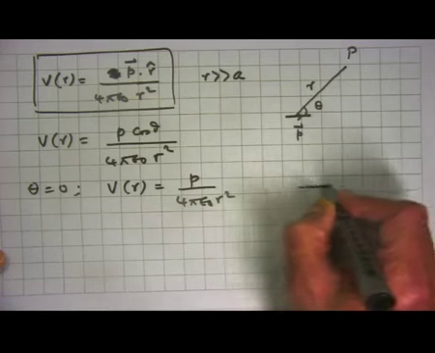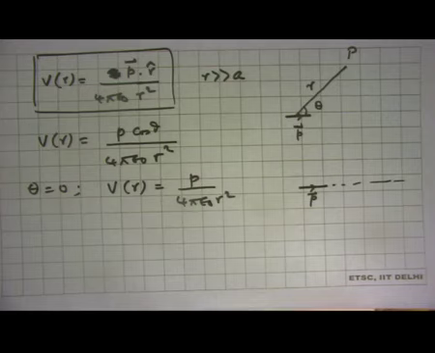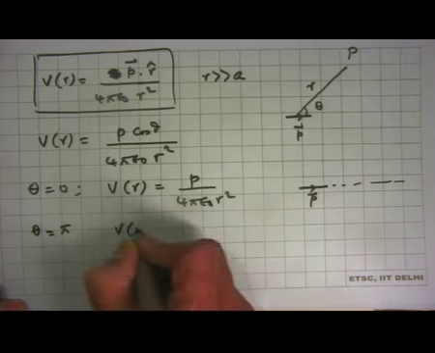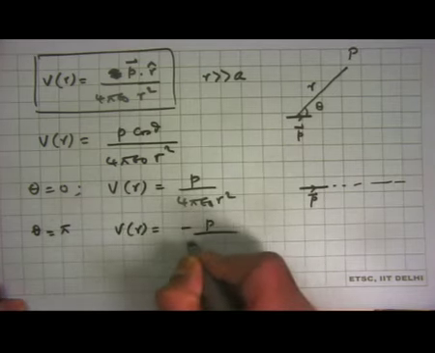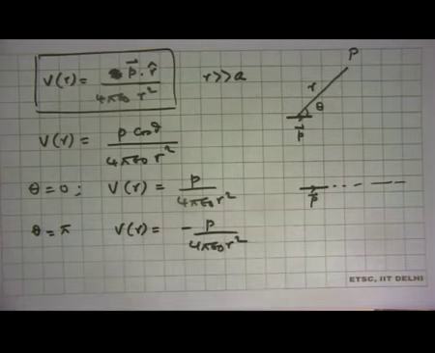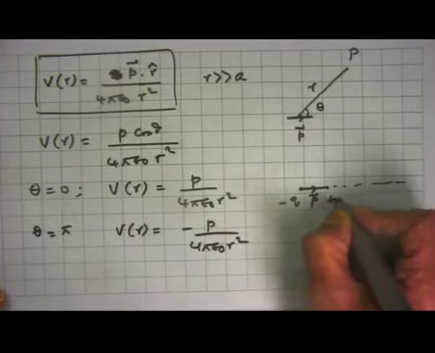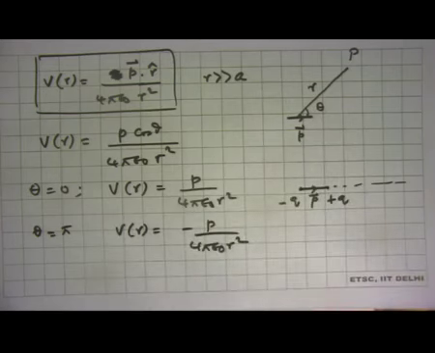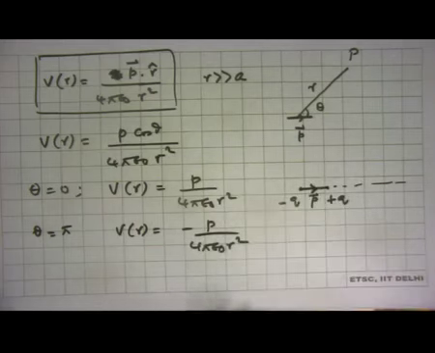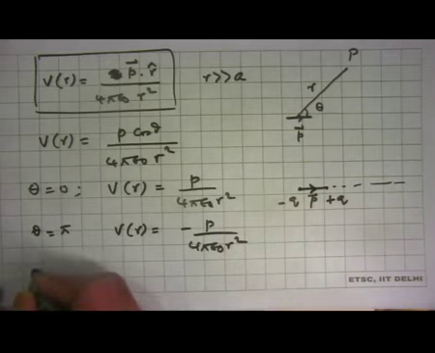This line is theta equal to 0, along P. And for theta equal to pi, V of r is minus P by 4 pi epsilon 0 r square. Please remember, this is minus q, this is plus q. The dipole moment is a vector from minus q to plus q. So, the dipole moment is pointing like this, and so the potential on this side is positive, the potential on this side is negative.